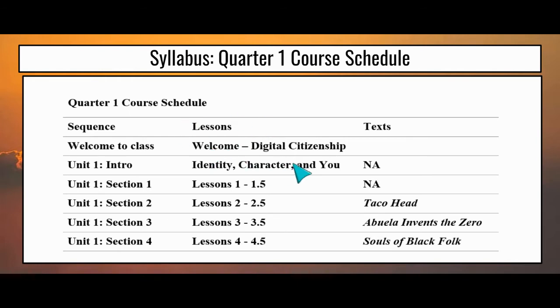So here's what your quarter 1 course schedule looks like. Next week we're going to begin our digital citizenship. We're going over our welcome, where we introduce ourselves to each other and get to know each other. But then we're going to go into digital citizenship. Unit 1 is going to be our intro, and this is going to be on identity, character, and most importantly, you.